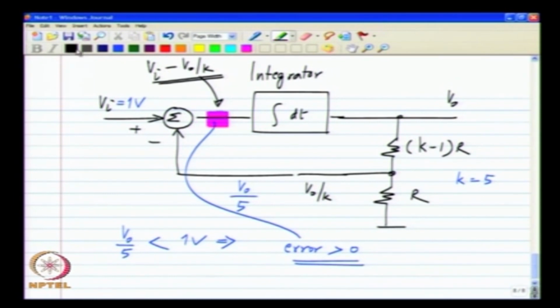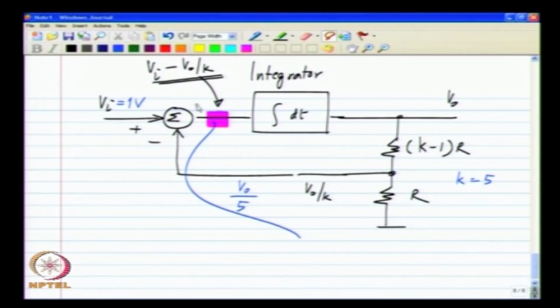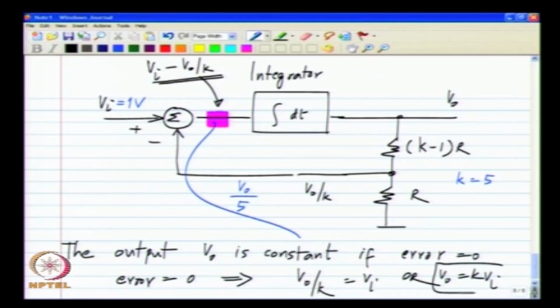Now, if the error is 0, the output V naught is constant if error becomes 0, and error being equal to 0 implies that V naught by K equals Vi or V naught equals KVi, which is exactly what we wanted.